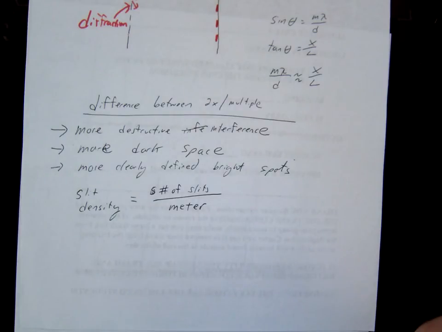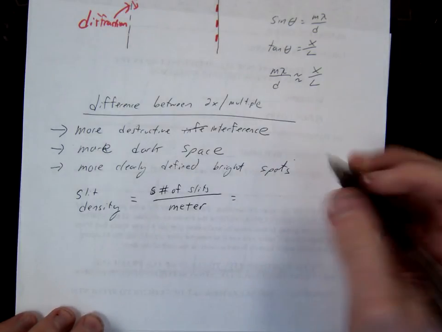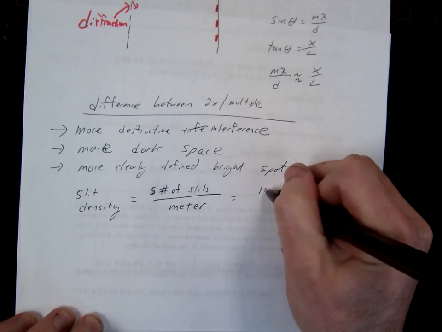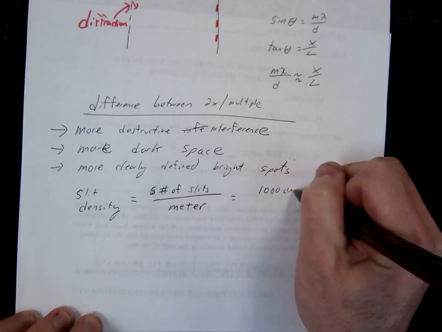Actually, they usually don't even say per meter, but they might say per centimeter. So maybe let's do that, 1,000 slits per centimeter.